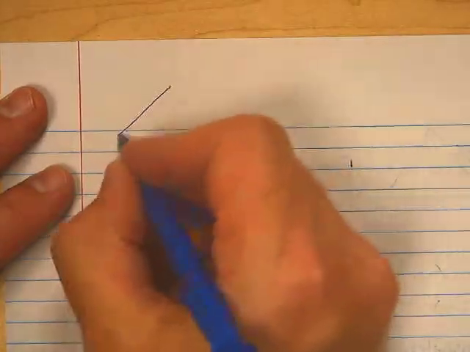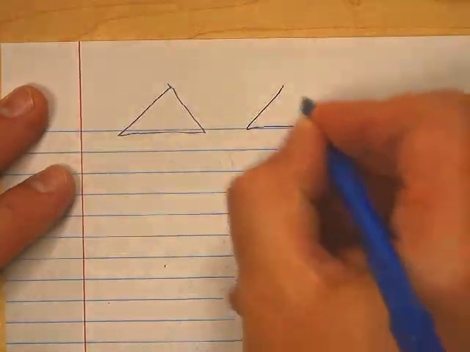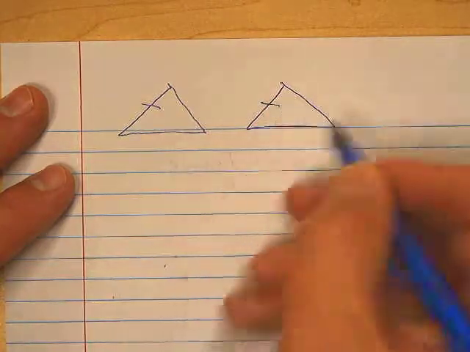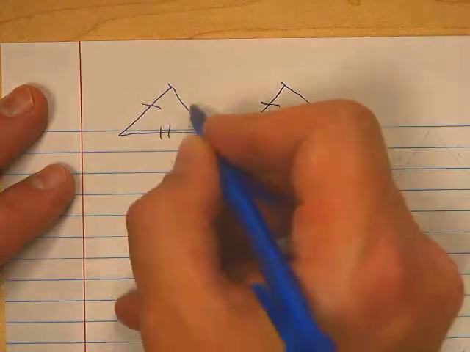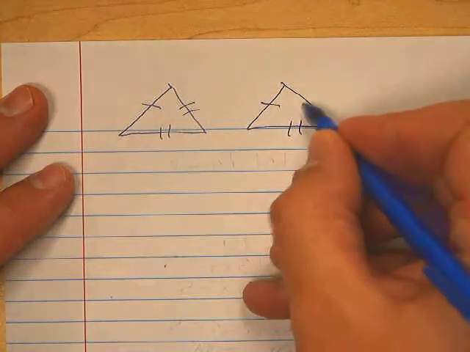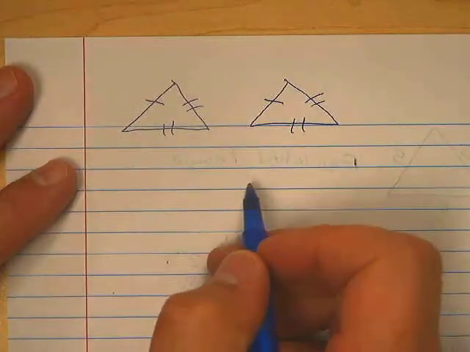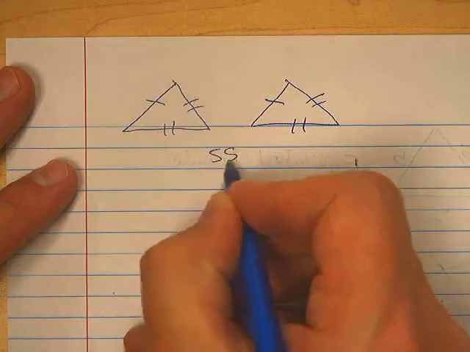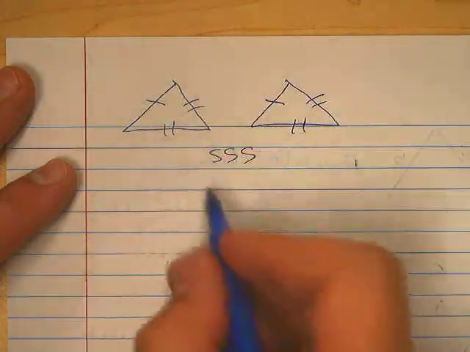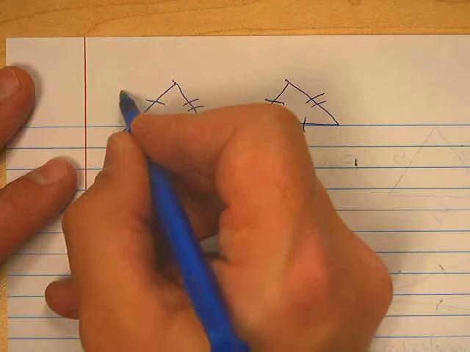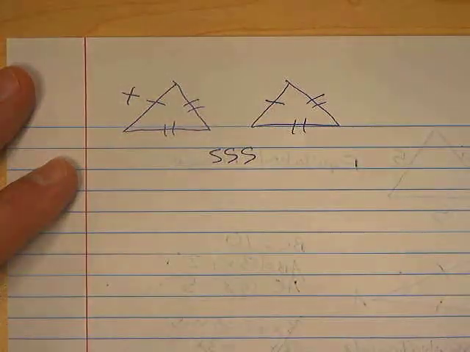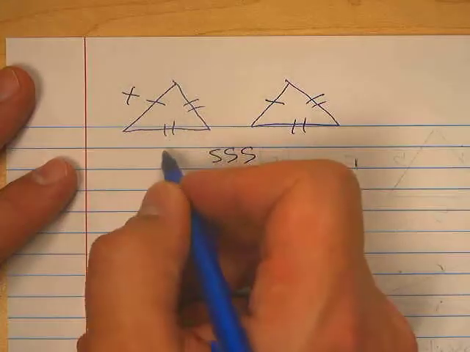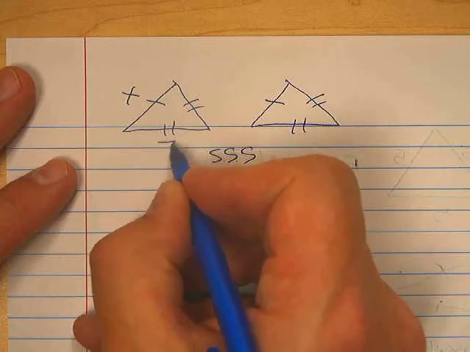Okay, next, I'll flip over the paper. Now, if I have something like this, obviously these 2 triangles are congruent by side, side, side.